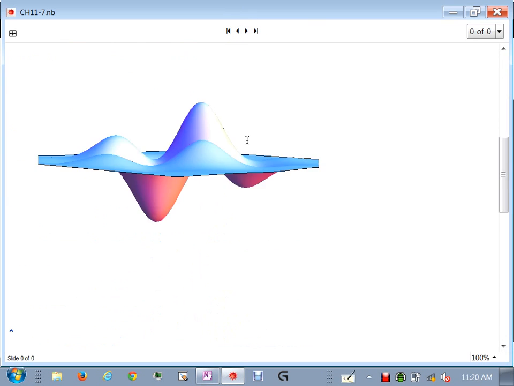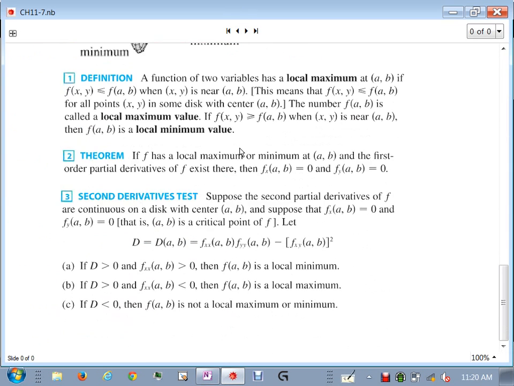The first part of this test says, suppose second partial derivatives of this exist at some point a, b. Suppose that the first partials are both equal to 0 at this point. I need to figure out that point, the a, b, that make these two partials 0.